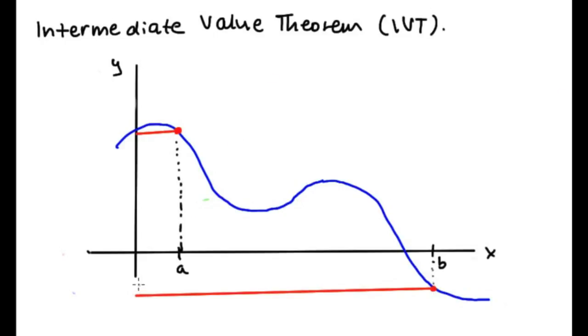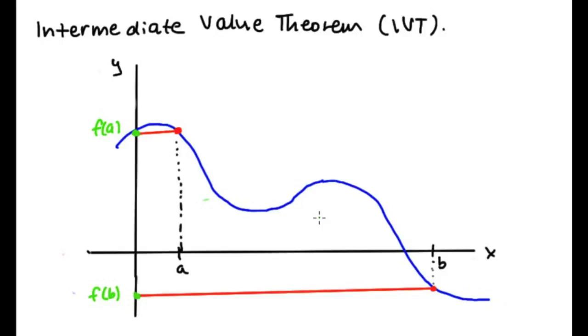Hold on, let me just elongate this axis to accommodate for that. So this value is f of a. This value is f of b, right? So this is our graph. A and b are x coordinates. F of a and f of b are y coordinates that correspond to the x coordinates a and b.